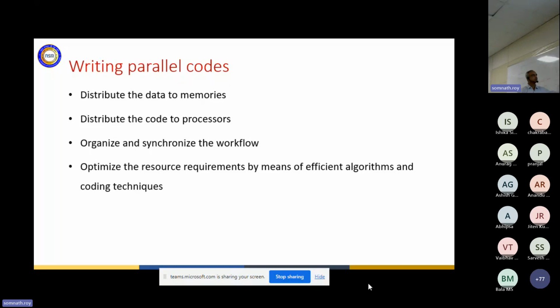Then you organize and synchronize the workflow using one of the parallelism paradigms that I mentioned. And once you get the thing running correctly, then you can optimize the resource requirement through efficient algorithms, coding, and optimizing compilers. Many other things are there, and some of those will be explained to you during the hands-on session.